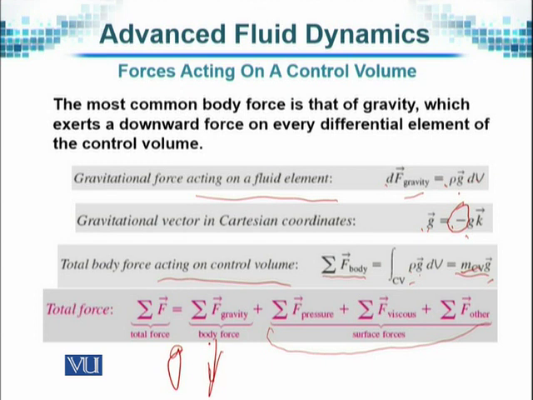The body forces also include magnetic or electric forces, and we are assuming that they are not acting here, they are 0. That is why they do not appear, and only the gravitational force is shown. That is how the total force acts on the control volume that we are considering.